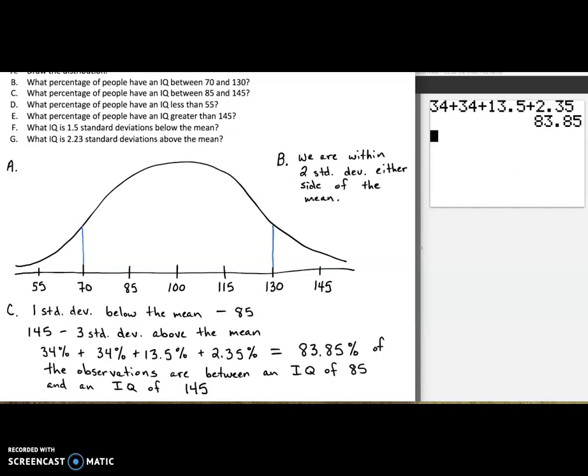And that is one that you should remember: 95% of the data are between 70 and 130 IQs.